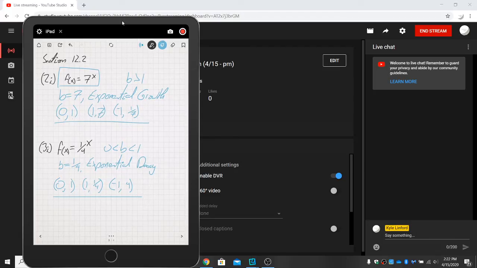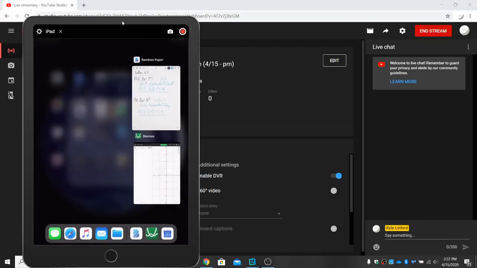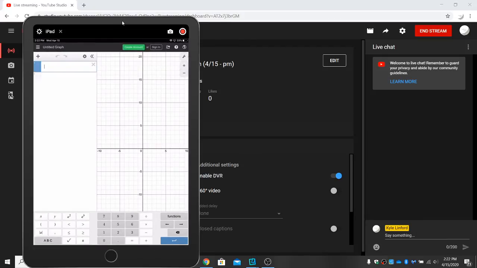And in fact, we can take a look at the graph in Desmos. Let's see here. I'm going to go into Desmos and I'm going to type in f of x, so f parentheses x, equaling 7, and then I'm going to hit the exponent button here, and I'm going to put the variable as x.